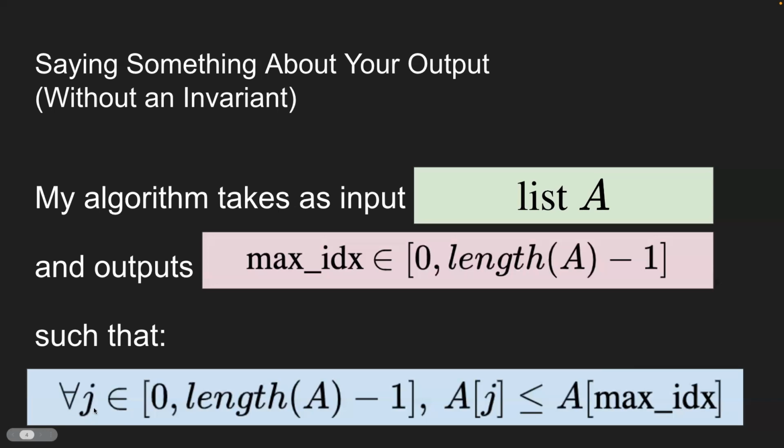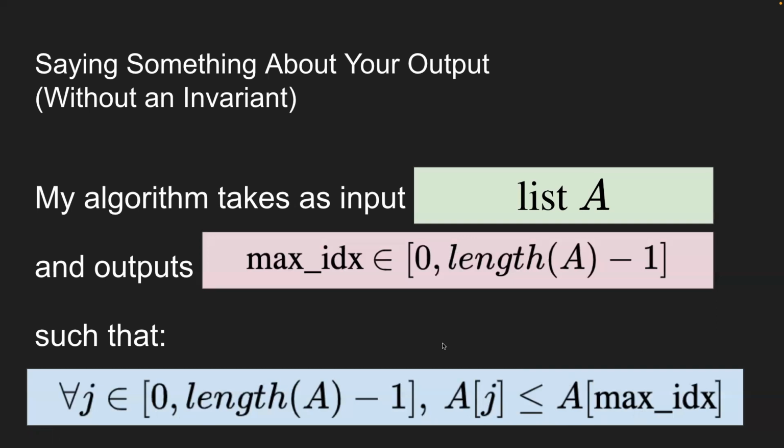For all J in that range, 0 to the length of A minus 1, so for all indexes, and this actually includes the max index, because max index is somewhere in this range, but that's okay because I have a greater than or equal to. So for all indexes in my list, the element at max index is going to be greater than or equal to any number in A. J could be max index, and that's fine, because it'll be equal to the maximum number then, and that's okay.